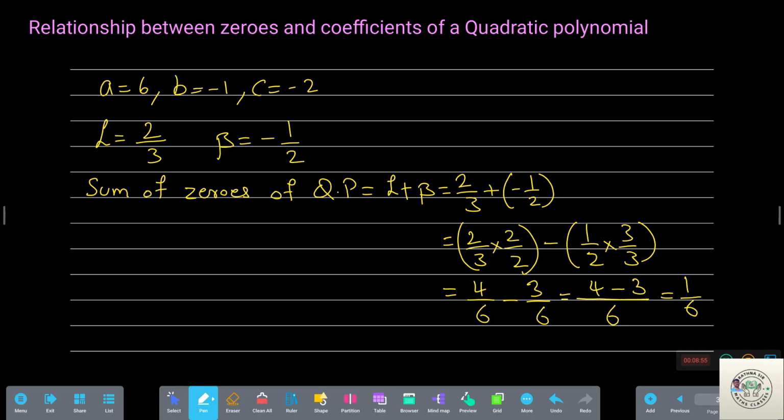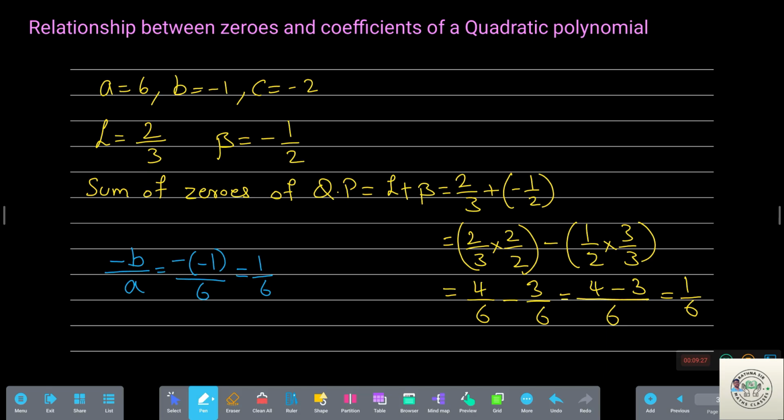Here b is minus 1, so if you multiply b with minus, I'll write minus b by a, where the denominator is 6, that is a. Minus b is minus into minus 1, by a which is 6, so 1 by 6.